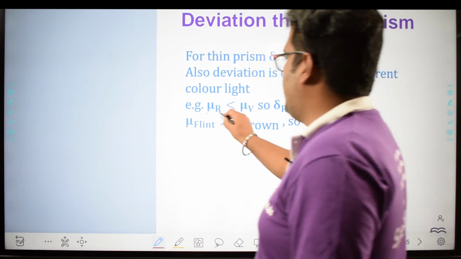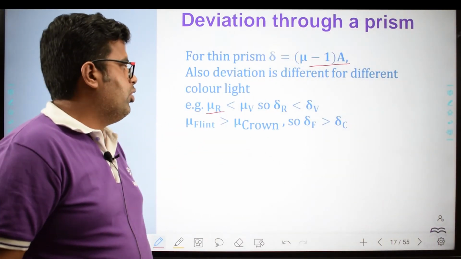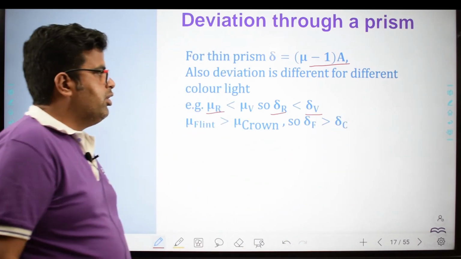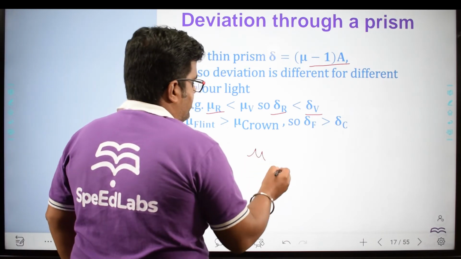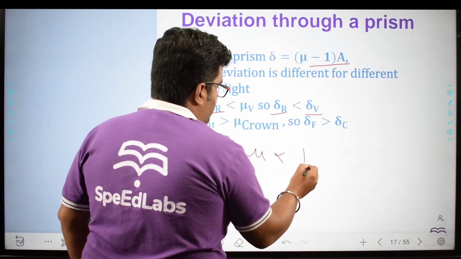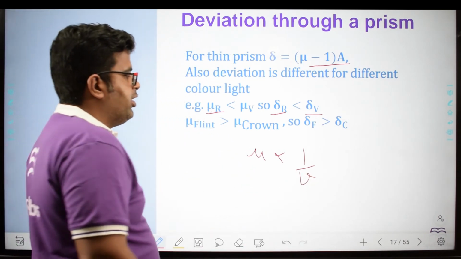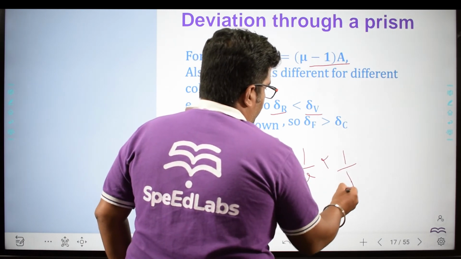Now we know that red light has the lesser refractive index as compared to violet light, so its deviation will also be lesser. Now why is this happening? Because refractive index is inversely proportional to speed, and speed is directly proportional to wavelength.